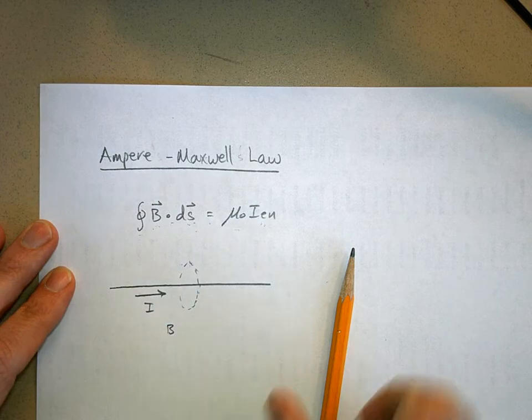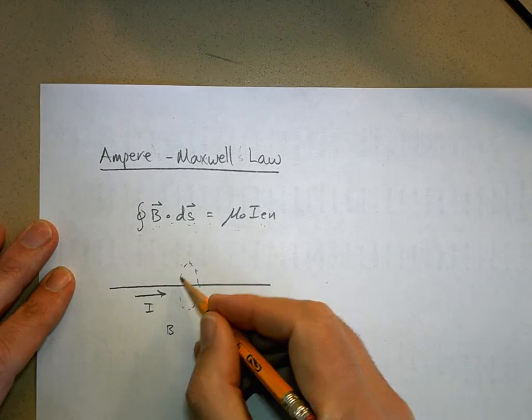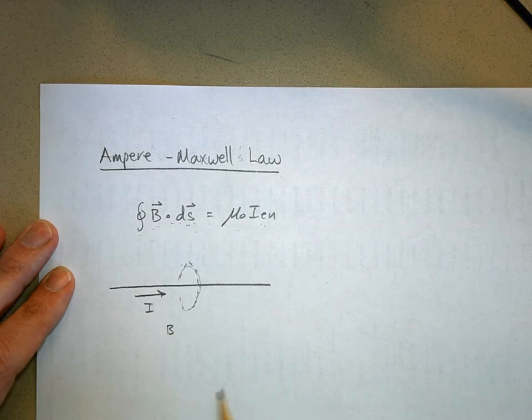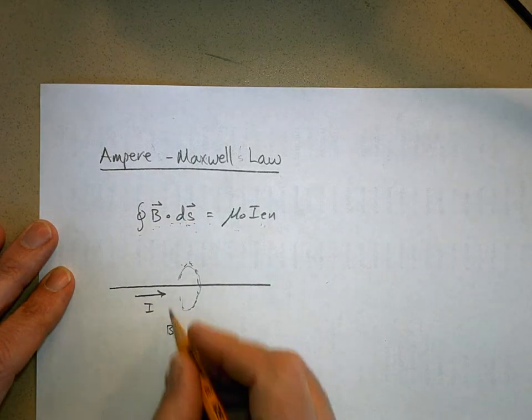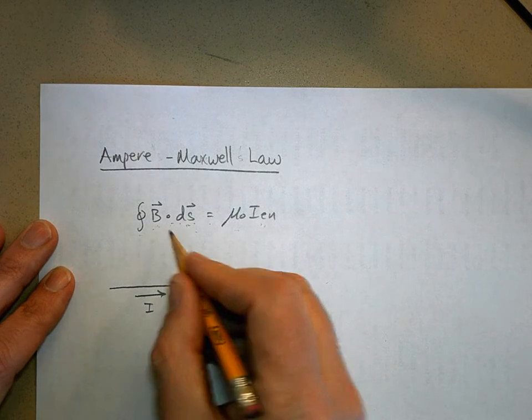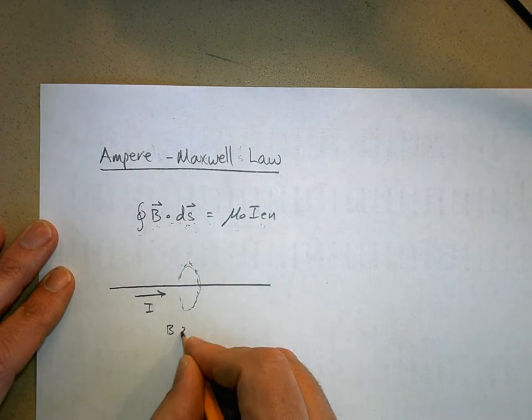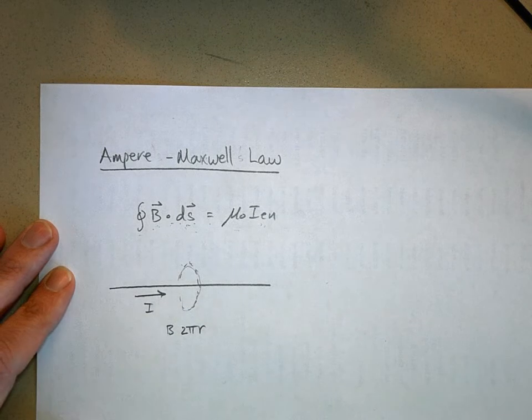Using the right-hand rule, this current creates a magnetic field line in a circle, so we plop our loop down on top of that magnetic field. B is a constant, so it comes out of the integral, and the sum of the closed loop is just 2 pi r, the circumference of a circle.